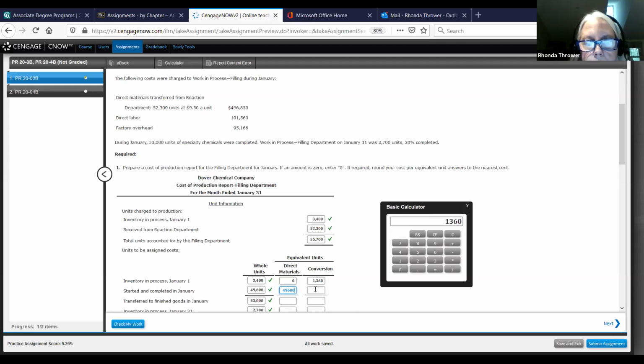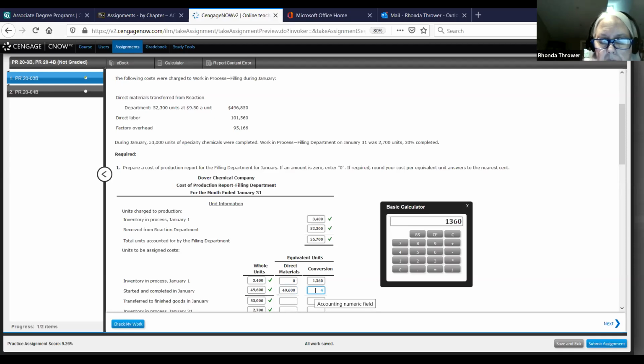I'm going to move to my conversion. If I started 49,600 units and I completed 49,600 units, 100% have been completed with respect to my conversion cost.